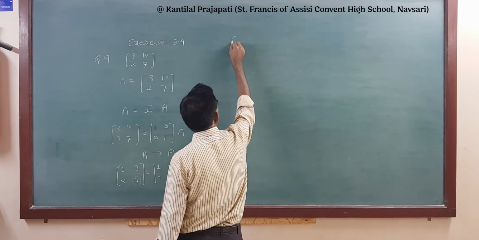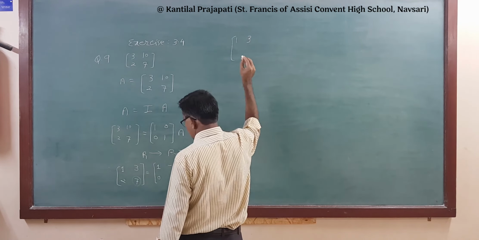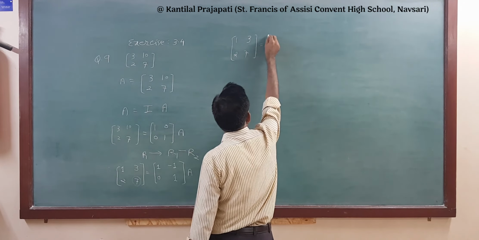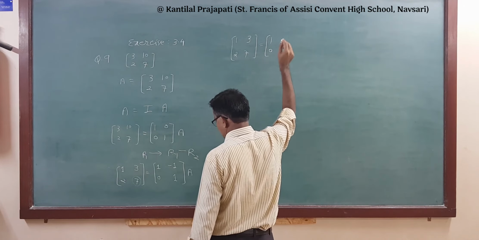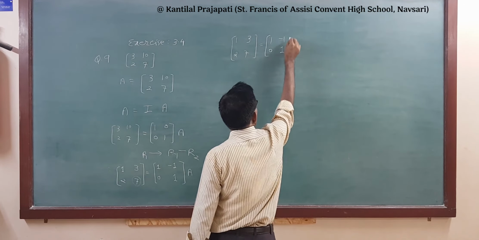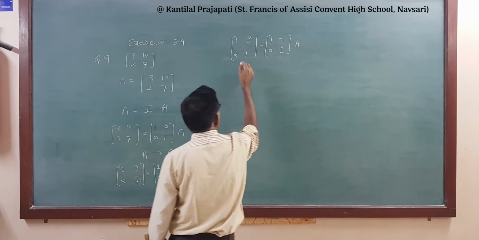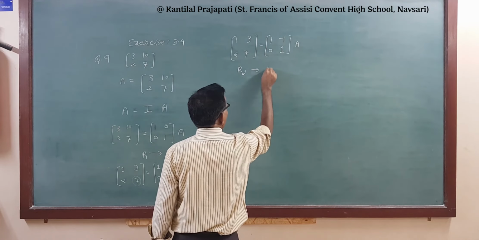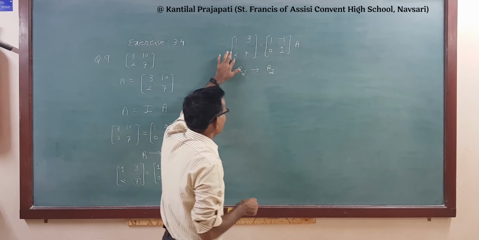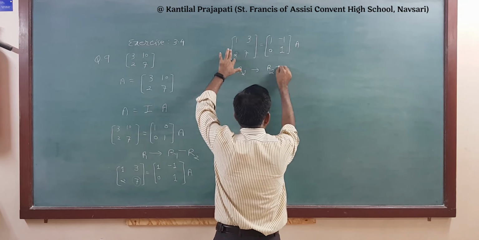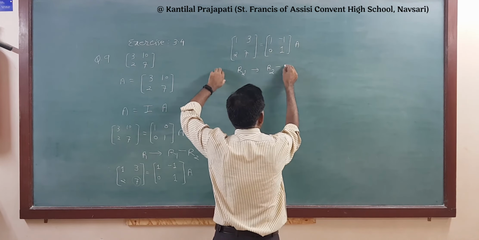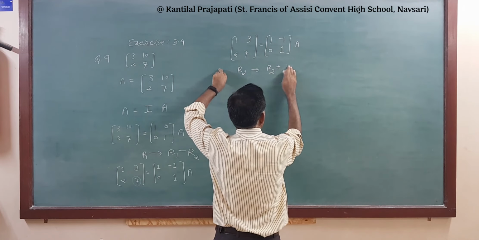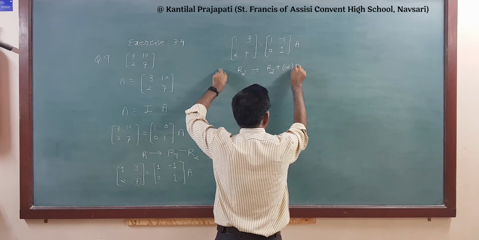Now we have 1, 3, 2, 7 equals 1, 0, minus 1, 1 into A. So we apply the notation R2 goes to R2 minus 2 R1.